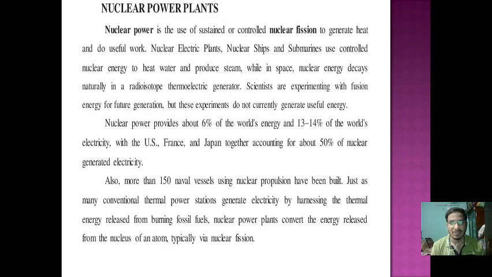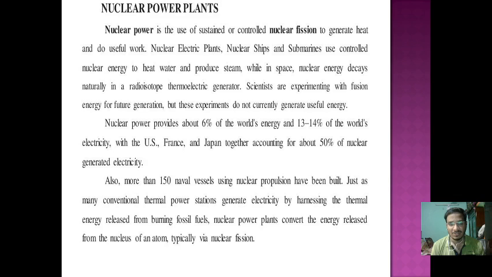Nuclear electric plants, nuclear ships, submarines use controlled nuclear energy. Here also we are controlling the nuclear energy to heat water and produce steam.